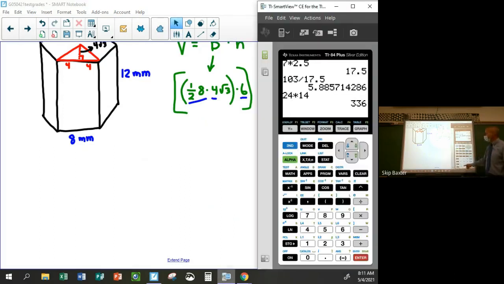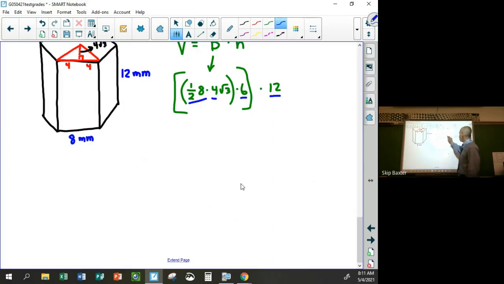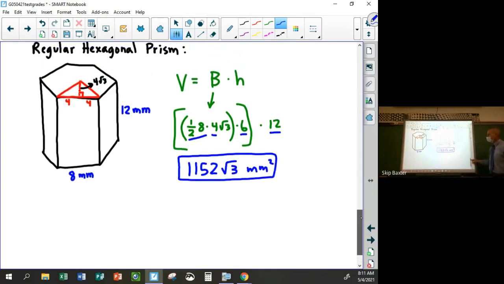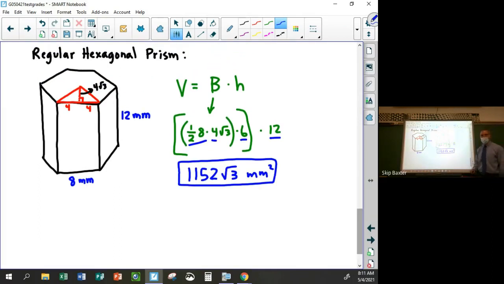Those are all the numbers that are outside the radical. 4 times 4 times 6 times 12 is 1152. And then inside the radical, just radical 3. That's the answer in simplest radical form. 1152 radical 3 square millimeters. Cube. Yeah, thanks.